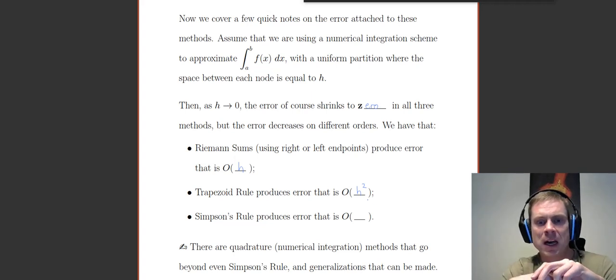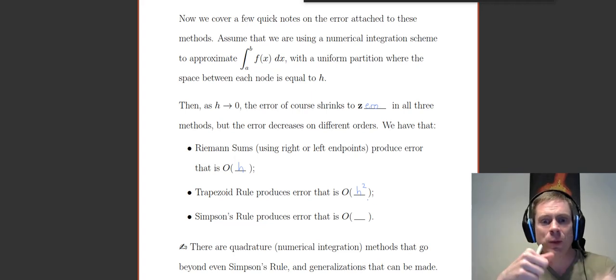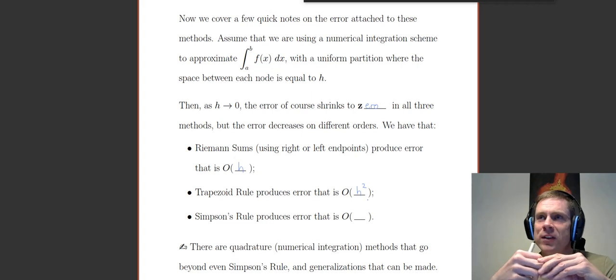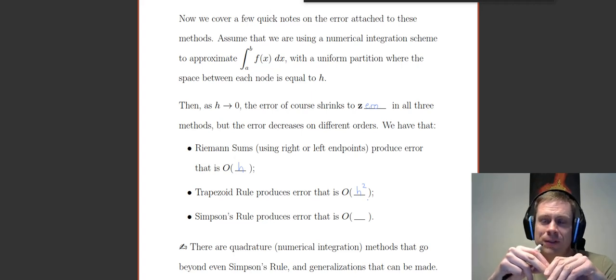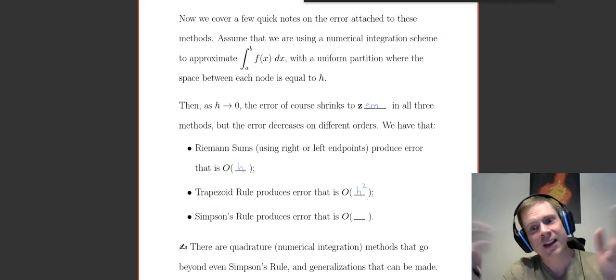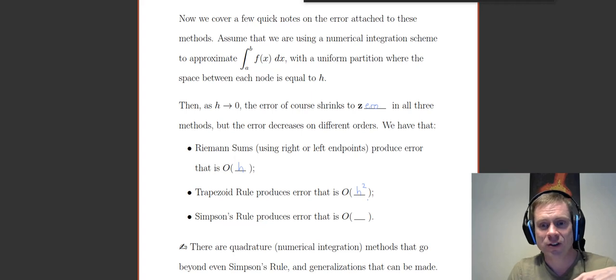And so with Simpson's rule, the one that we just did, you can actually show that the error, and we saw the two estimates that we had up there were very, very accurate, but as a matter of fact, that accuracy improves much more quickly as h decreases. It's actually got an error that is on the order of h to the 4 as h goes to 0. Okay.